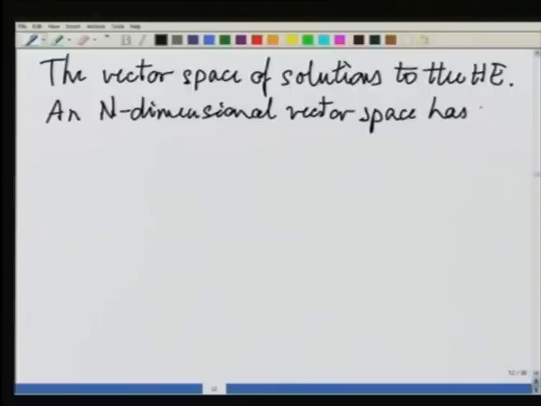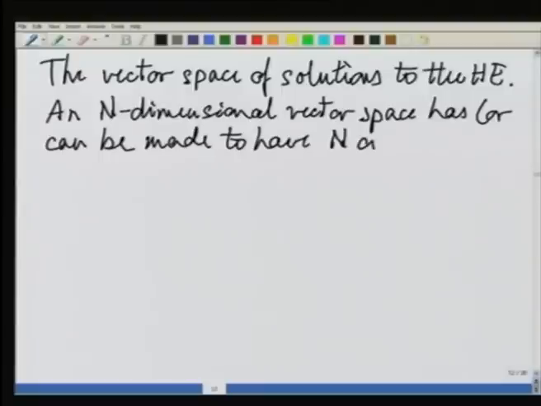Or can be made to have each axis identified with a so called basis function, which you would normally call a unit vector in that direction.